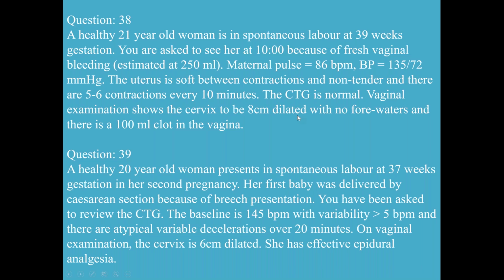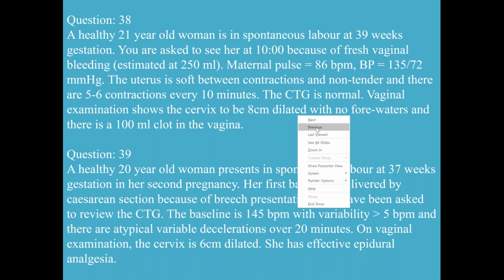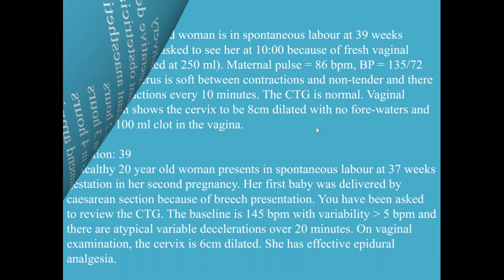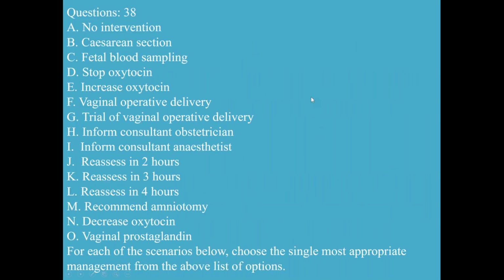The CTG is normal, and can I see the options? 5 to 6 contractions, the CTG, continuous bleeding, and decrease oxytocin in the options.